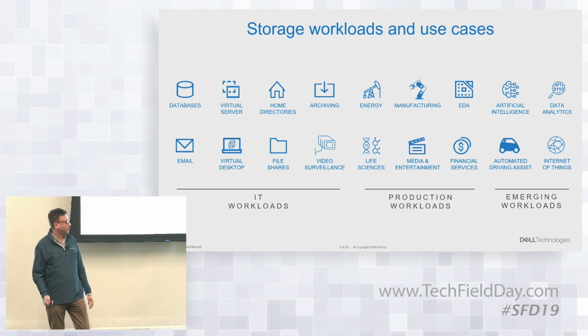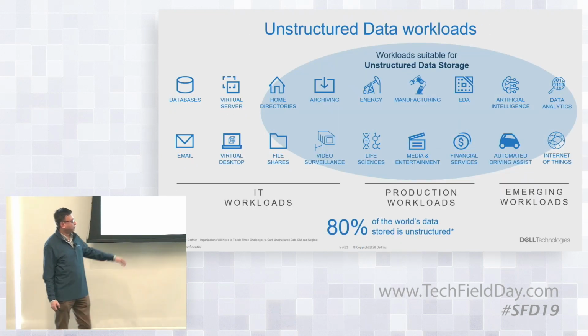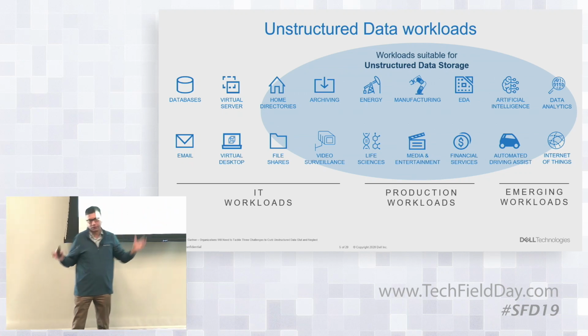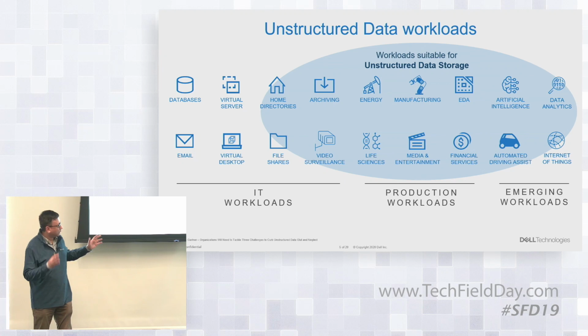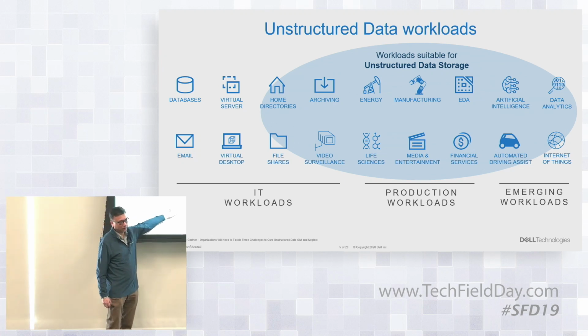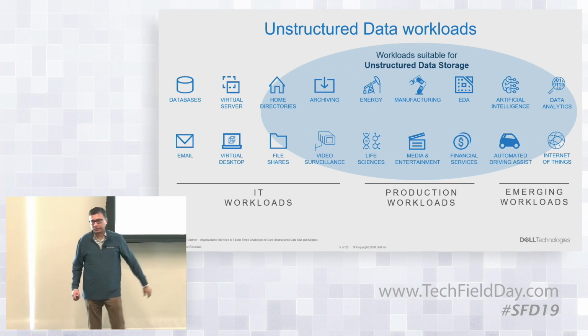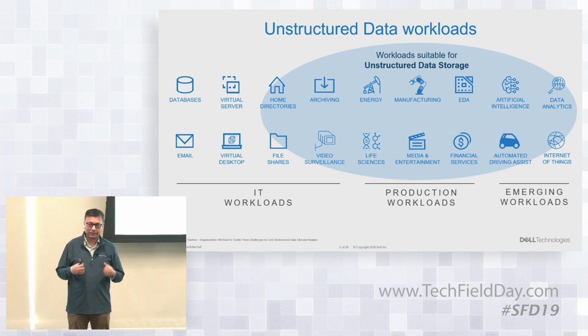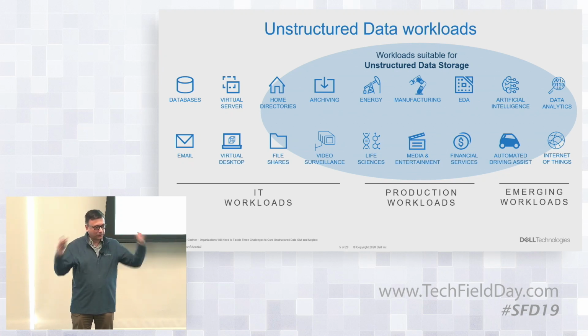When I talk of unstructured, it spans most of these production workloads, a lot of the emerging workloads, and then some of these IT workloads. Think of anything which is dealing with files, or dealing with objects.